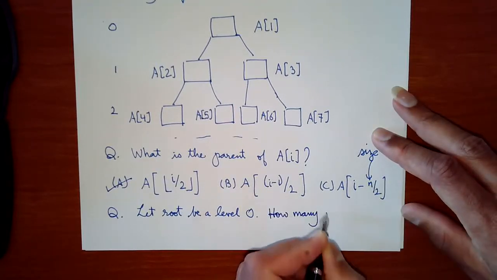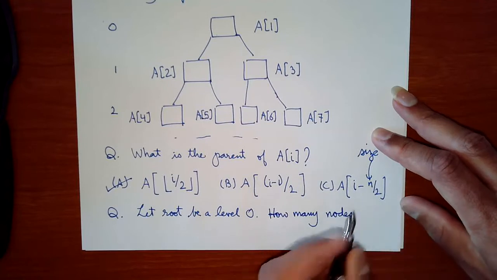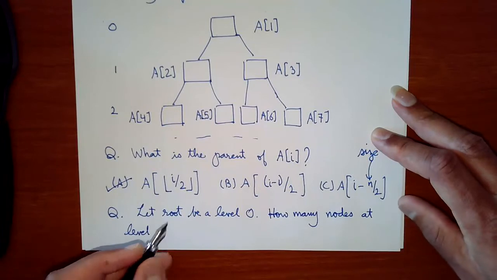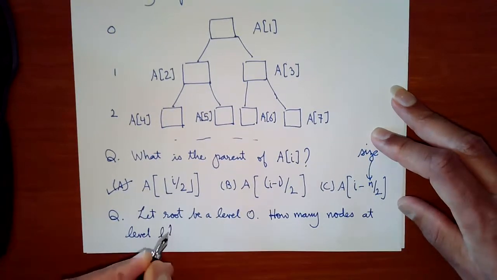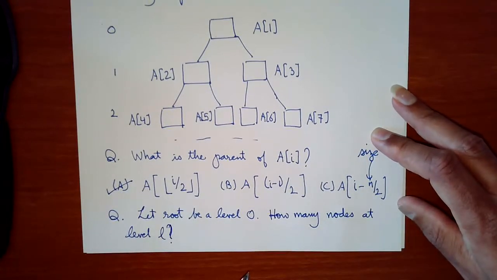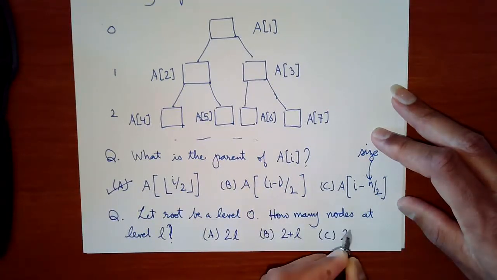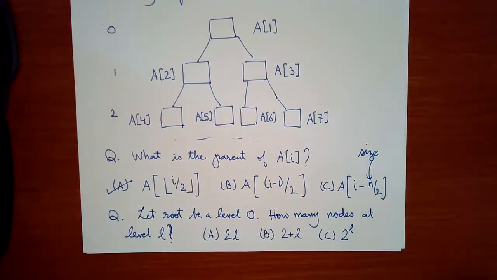How many nodes at level L? Is it 2 times L? Is it 2 plus L? Or is it 2 to the power L?